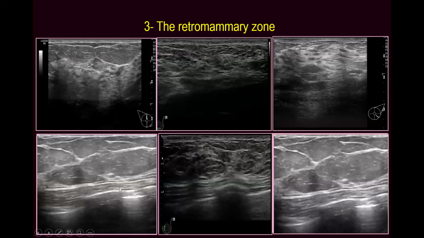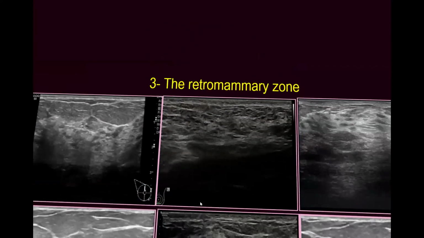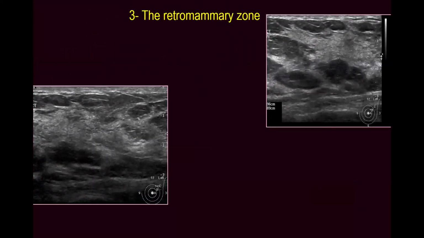You can compare this example with these examples. Here, definitely, it is clearly visualized down to the pleural surface. Okay, this is my patient. Can you see any lesion here in this case?